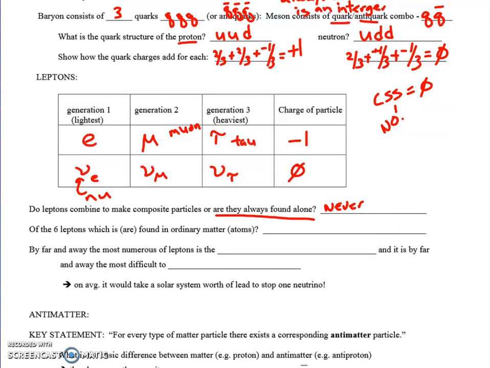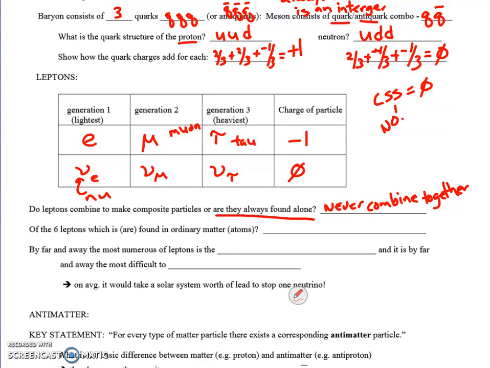So they are the ultimate loner. You only find leptons by themselves, zipping through space or through an atom. So they do not make bigger particles like the quarks do to make hadrons.